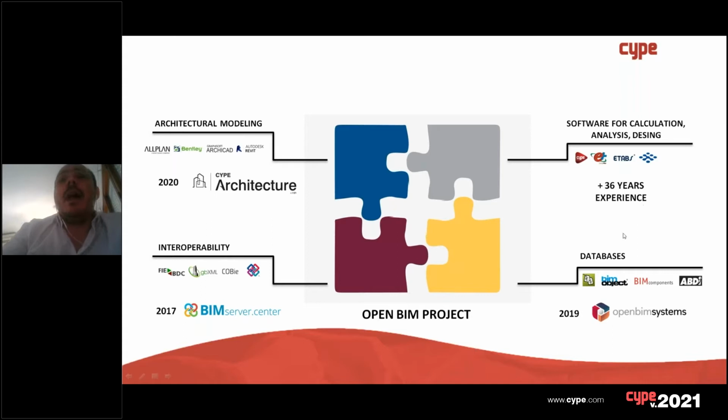You can use all the applications of CYPE to do 100% of your project using our tools. Okay, we'll talk a little bit more of these 4 pieces during the presentation, and actually tomorrow we'll have a more specific presentation just about CYPE architecture. So I invite you to take a look on that.